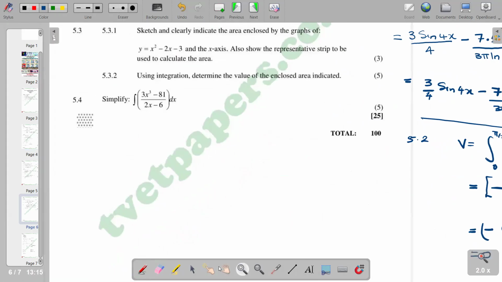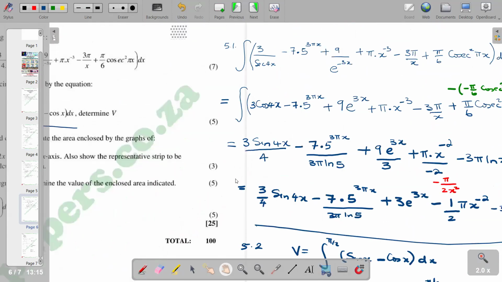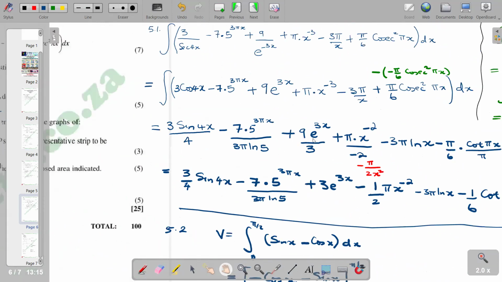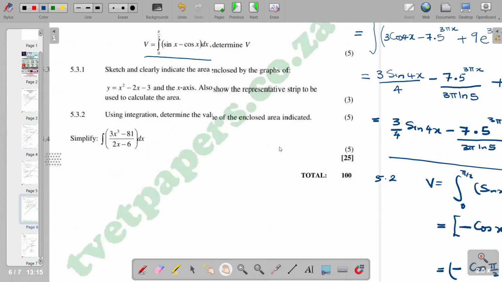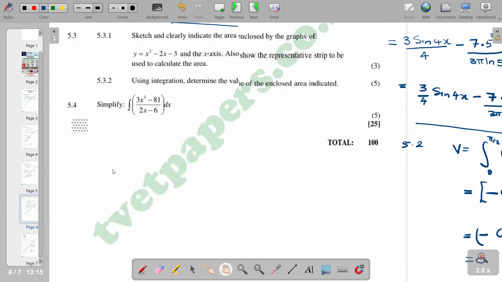So to answer the next question, let's create some space here. Okay, it's fine. Let's just do it. We are on question 5.3.1.